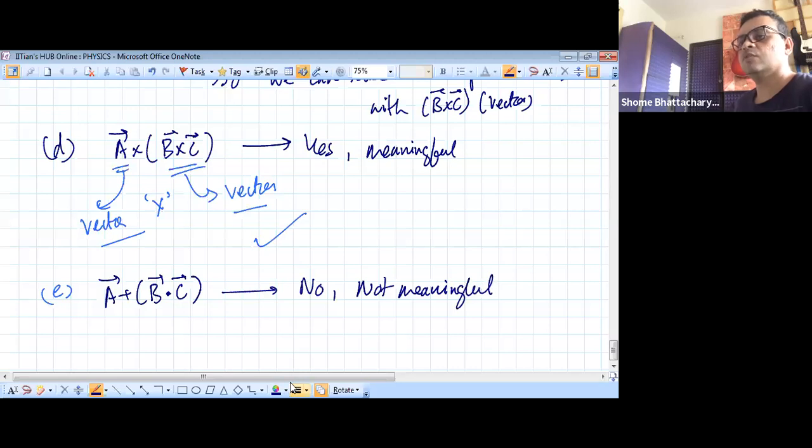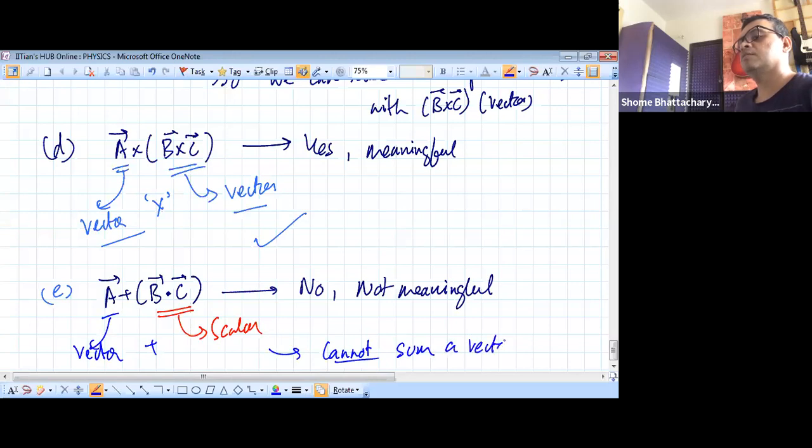Because this quantity is a scalar, whereas this quantity here is a vector, and in between you have plus. So we cannot sum a vector and a scalar. So this doesn't make sense.